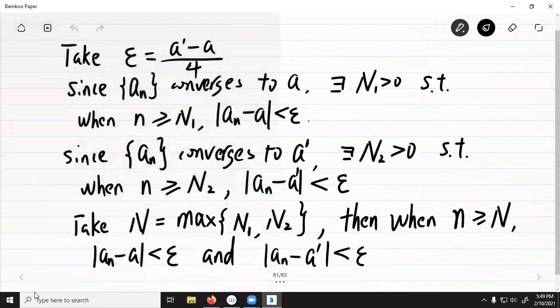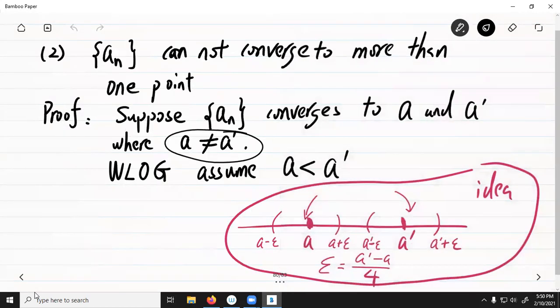So then sometimes you will have some capital N1 for which this one is true, and capital N2 for which this one is true, but we need these two to be true at the same time, so we need to take the maximum. So this is the technique you will use here. So this mystery number is not a mystery at all, right? It's just from our analysis on the graph here, okay?